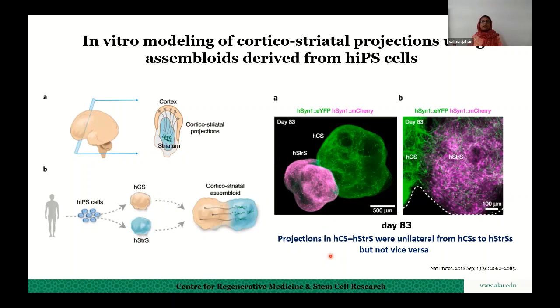So it means the communication is actually going towards the striatum, not from the striatum to the cortex. This is a very neat model system to understand the communication between these neuronal cells and the striatal projection in the human forebrain at different stages of development.